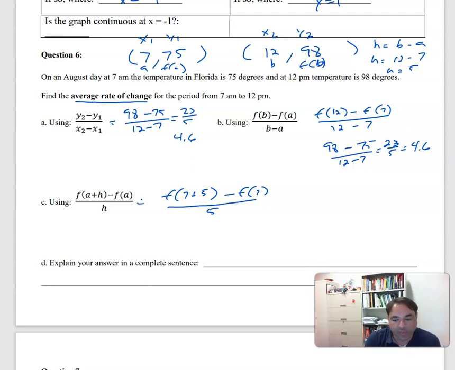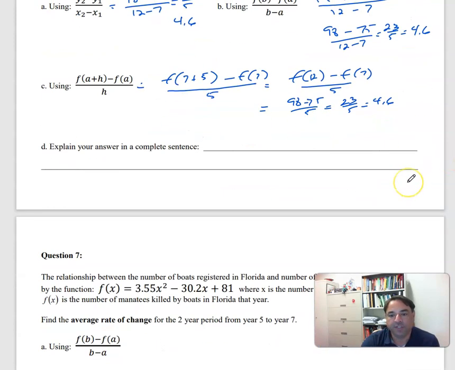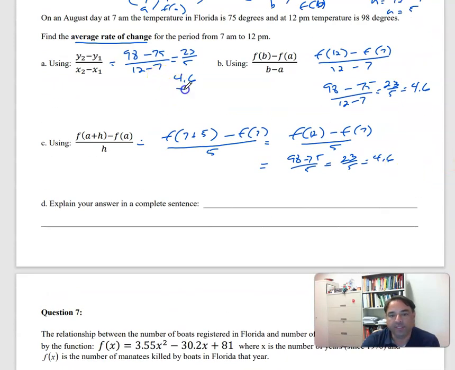Where the other one said 7 to 12, this is starting at 7, 5 hours later. So this ends up being F of 12 minus F of 7 over 5. F of 12 is 98, minus F of 7, which is 75, over 5, which gives you 23 over 5, which gives you 4.6. Okay, so all 3: 4.6, 4.6, 4.6.